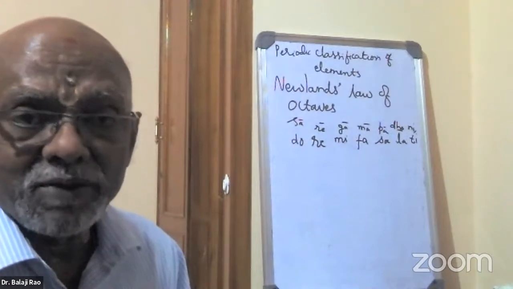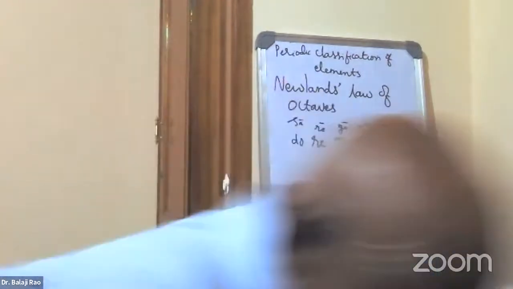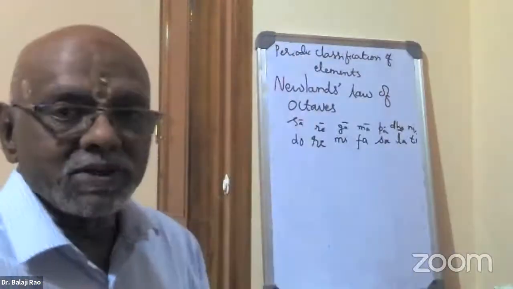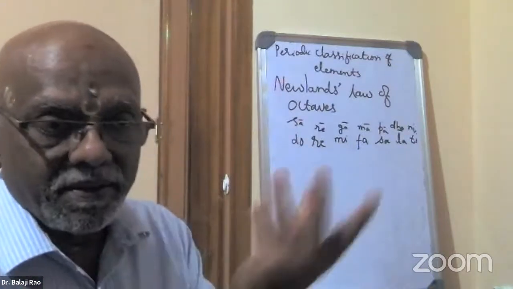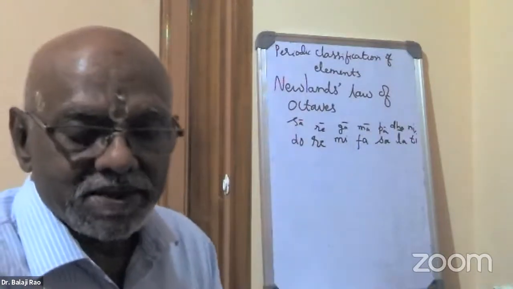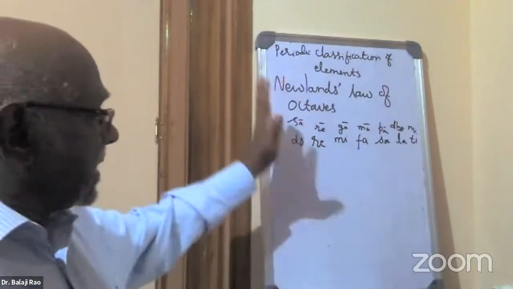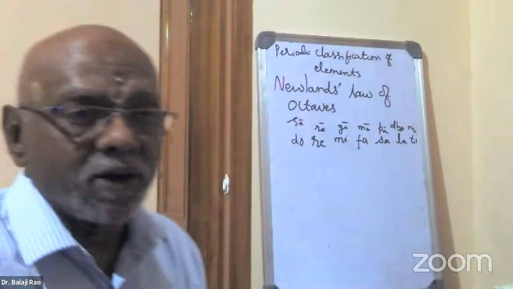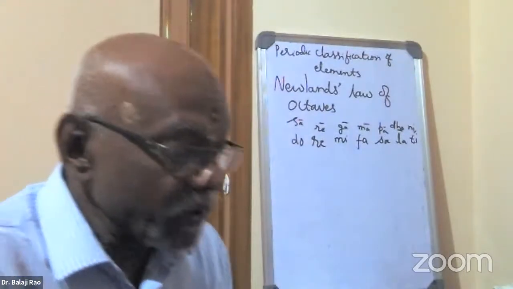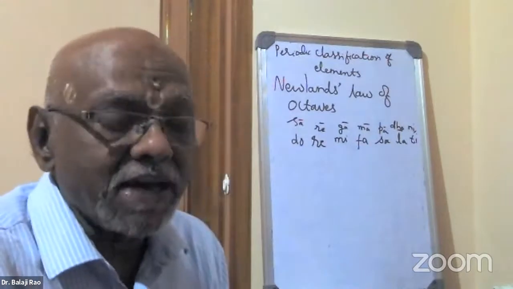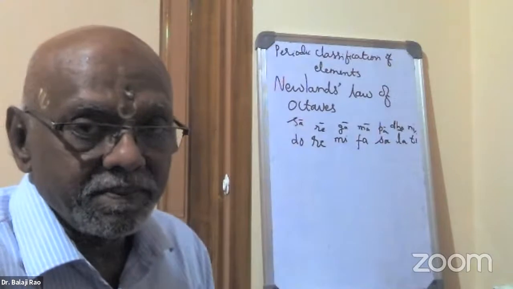There was no mention of protons, neutrons, etc. We are still talking about the Daltonian era, when the atom was supposed to be indivisible, and people had vague ideas about the atom itself. So he said, you arrange elements in the increasing order of their atomic weights, then you will find that elements having similar properties will fall one below the other.